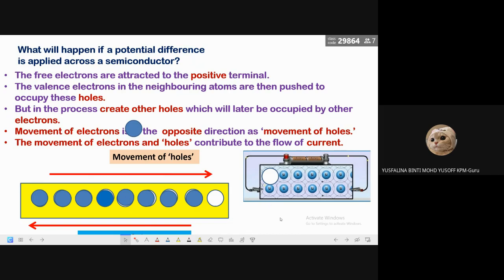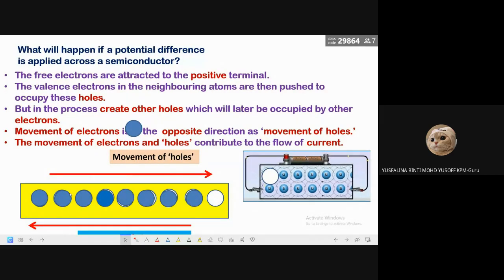So the movement of electrons is actually in the opposite direction to the movement of holes. When the free electron goes to the positive side, it occupies the hole, so the electron direction is to the left, because it needs to occupy the hole there. But the holes are actually on this side.